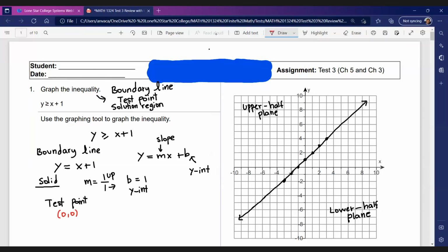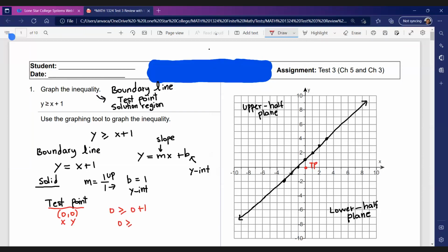We choose a test point that is not on the boundary line. So I'm going to call this point 0, 0 my test point, and I'm going to plug it into the inequality. This will be the x value, this is the y value. So 0, is it greater than or equal to 0 plus 1?